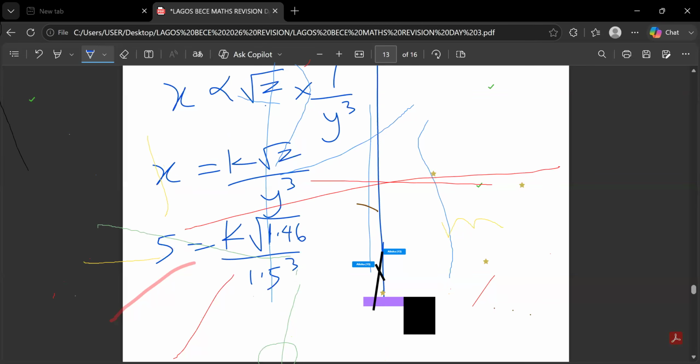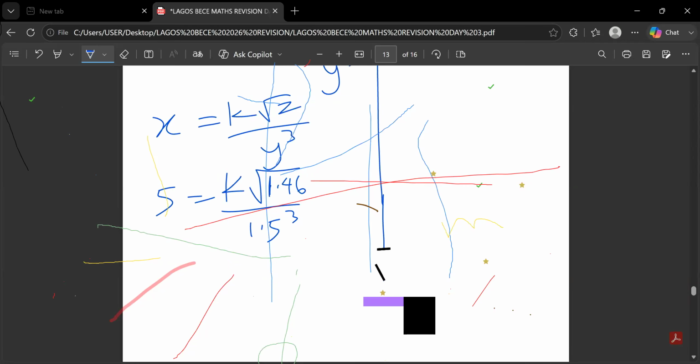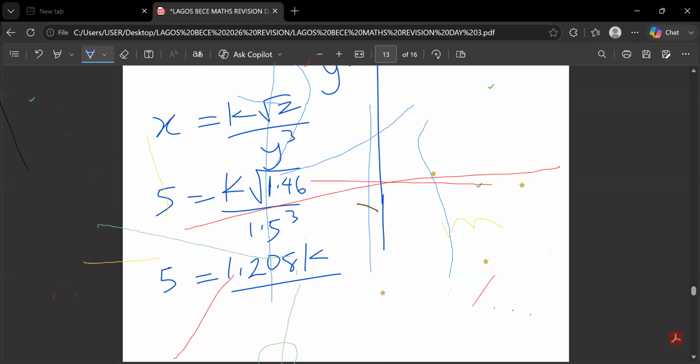So from here, let's use our calculator. The square root of 5 gives us 1.208, and that means 1.46 equals 1.208k over 1.5 cubed. 1.5 cubed is 3.375.